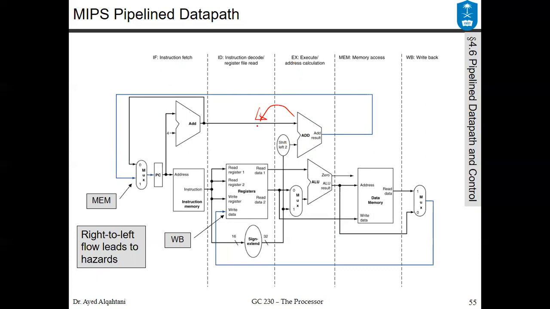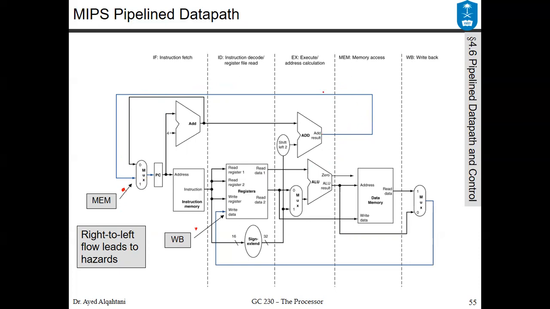And this is what will happen when we follow slides until we reach the final design. But right now, here's some of the things that you should be aware of. This is right to left flow, which leads to hazards here and here. So anything that has a backward behavior or a feedback, this could cause hazard.